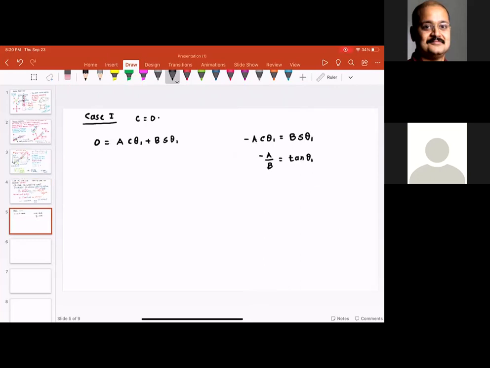But please note, tan inverse does not tell you the angles in all four quadrants. So tan inverse is only valid in the first quadrant. If you say theta 1 is equal to tan inverse of minus A by B, the answer that you are going to get is the answer in the first quadrant. But your true angle could be anywhere. So for that, you will use the function atan2, or arc tan. So MATLAB function atan2, or you can use arc tan. And the arc tan function will give you the angle in all four quadrants.